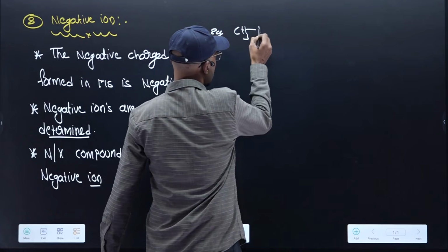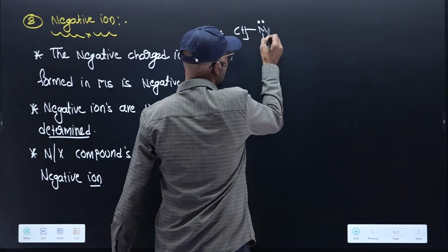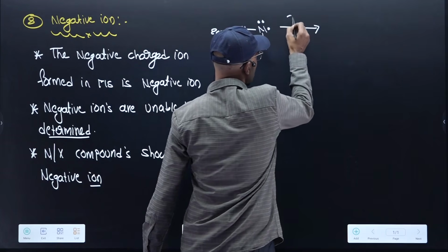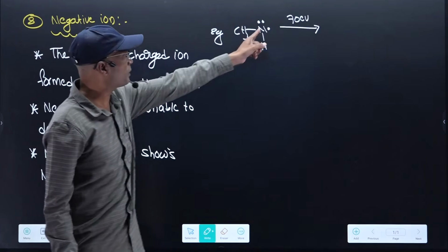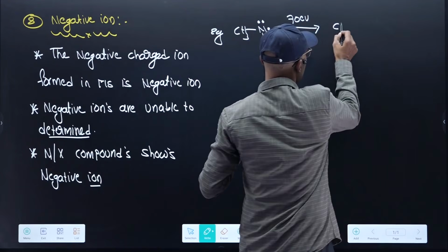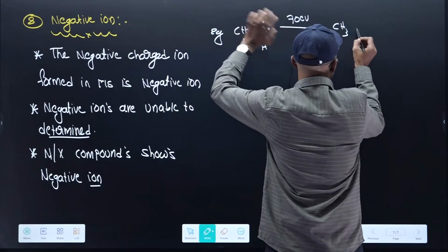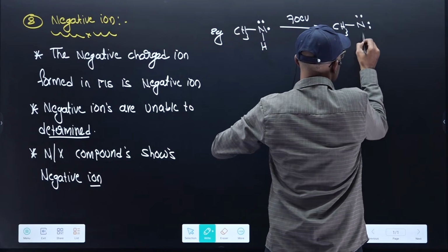See, this is methyl and here 2 electrons and here 1 hydrogen, 1 electron I am writing. This is on electron impact, 70 electron volts. Here one independent electron is there or not? So this independent electron is going to take 1 electron from this electron impact. Then nitrogen carries 2 extra electrons.